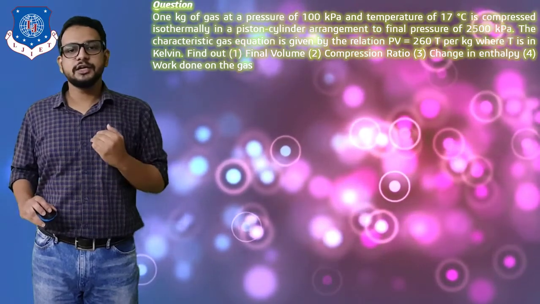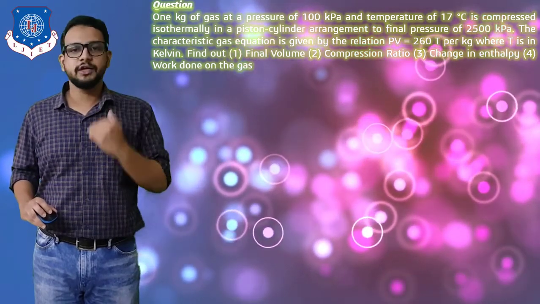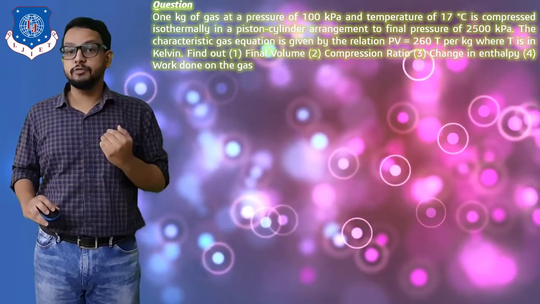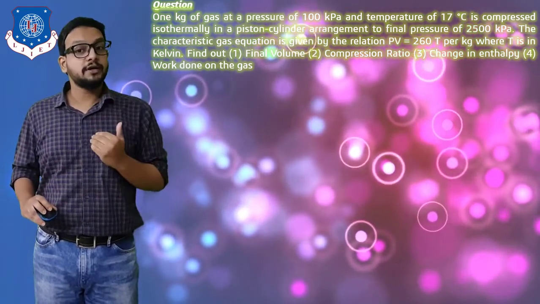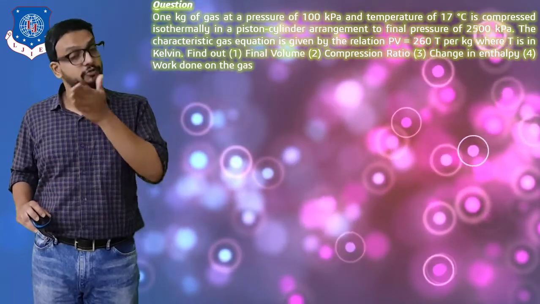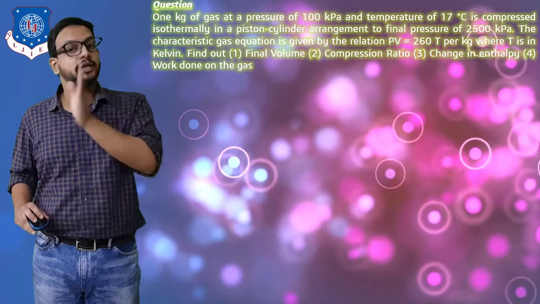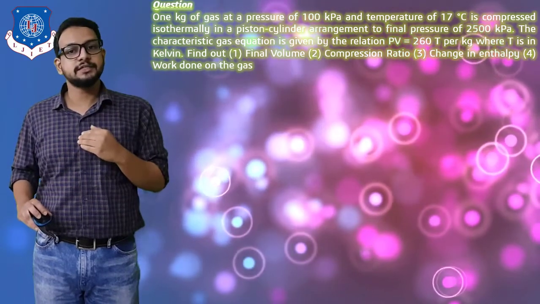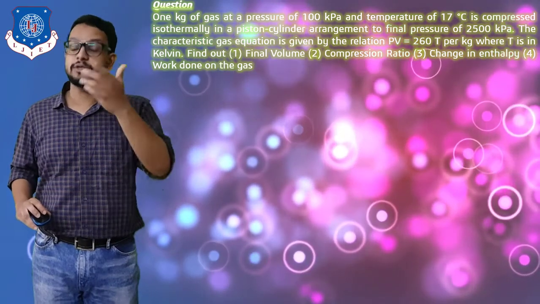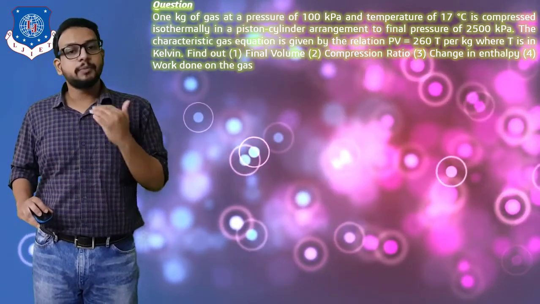In the question it is given that the gas has a mass of 1 kg, that is m is equal to 1 kg. Initial pressure P1 is 100 kilopascal, and temperature is 17 degrees Celsius, compressed isothermally, which means initial temperature is equal to final temperature. So T1 is equal to T2 is equal to 17 degrees Celsius, and the final pressure achieved is 2500 kilopascal, that is P2 is 2500 kilopascal.